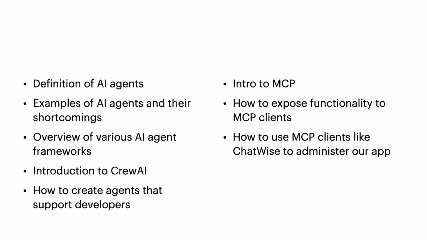I gave you a quick introduction to CrewAI. I showed you how we can create agents that support us in our daily work. Gave you a quick intro to MCP, which enables a lot more use cases for us. And then how to use MCP clients like Chatwise to administer our app.